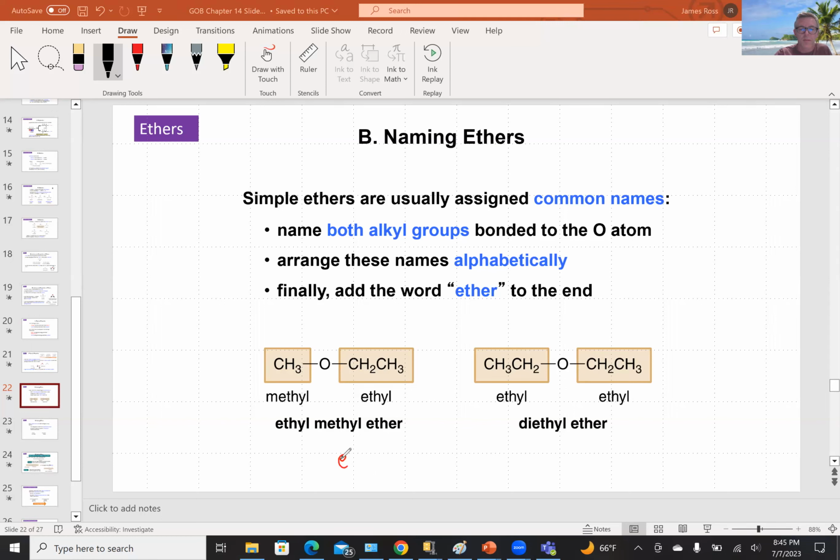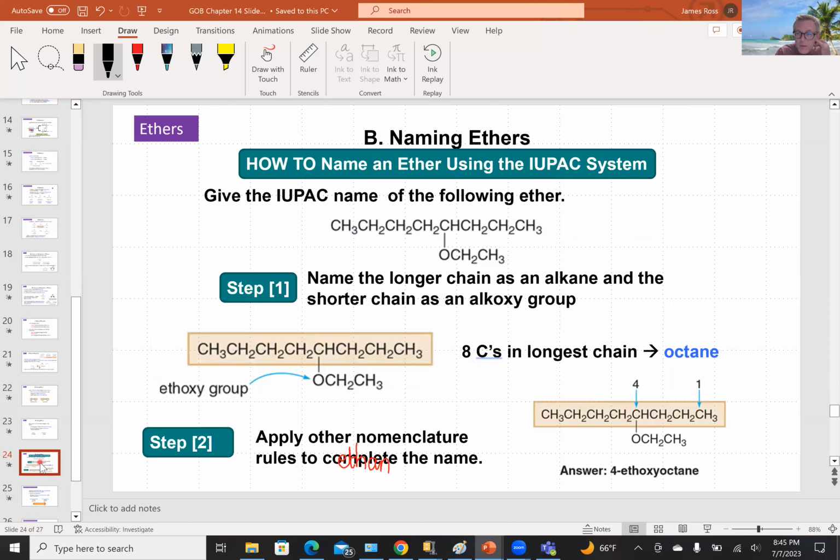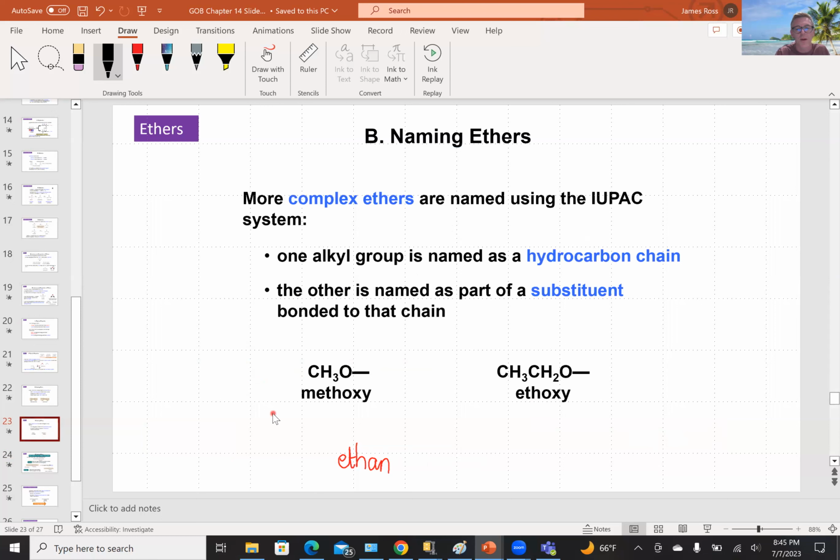So it would be ethane... let me double check, I don't have any brain fog. I was getting confused with esters for a minute there. Sorry about that.